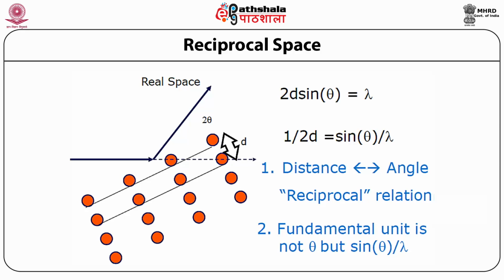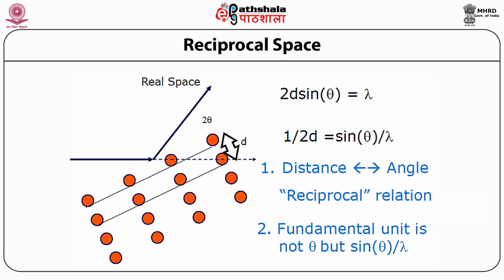In the equation above it is written 2d sine theta equals lambda. We slightly remodel this equation and write it as 1 upon 2d equals sine theta upon lambda. In this equation lambda is fixed because we are using a monochromatic X-ray source, and the spacing d in a given crystal is fixed for a given family of planes.